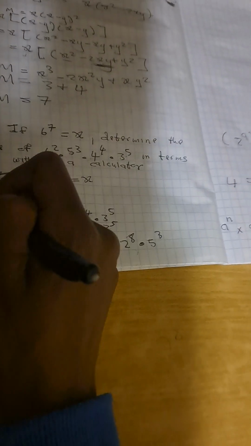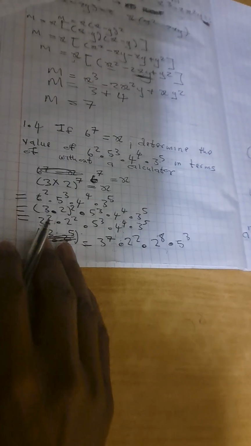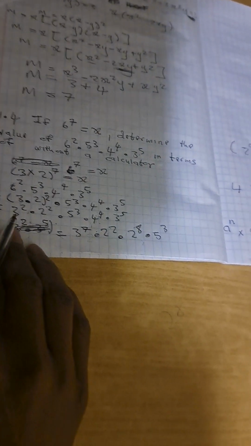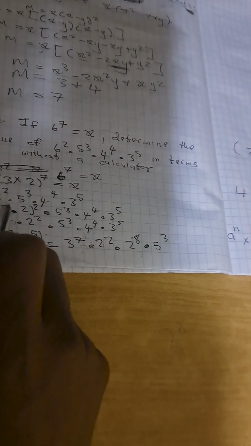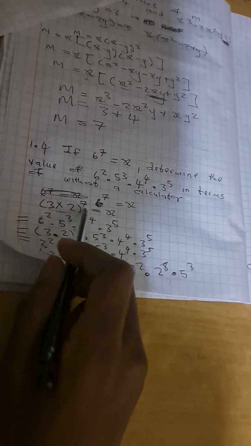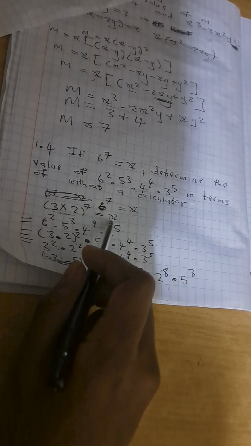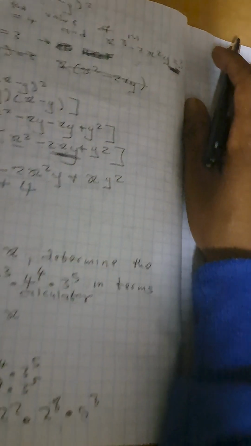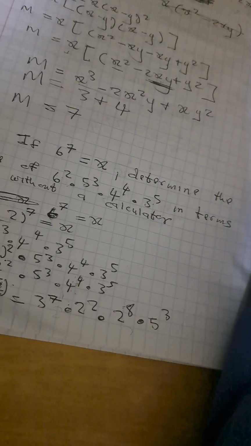So that is what we have, right? And we want something like this. We want that 3 times 2 to the power 7 is equal to x. Then we come here, right? You see that here's what we're going to do.